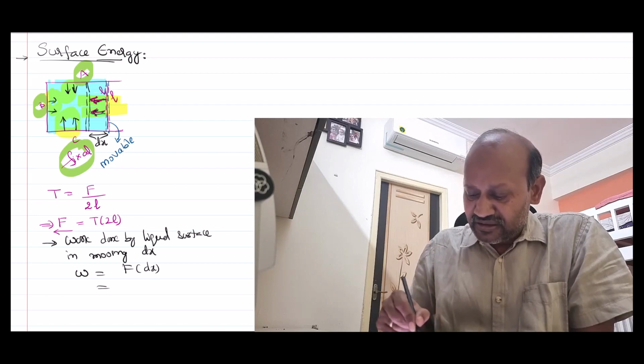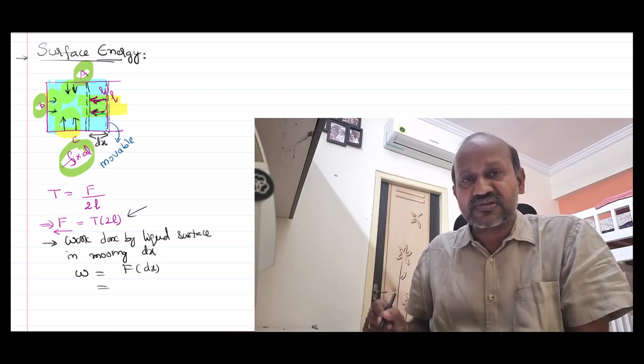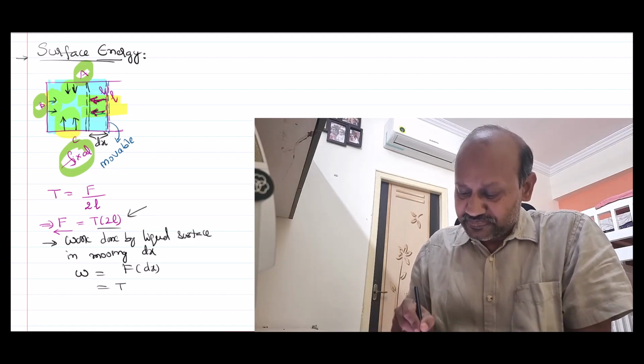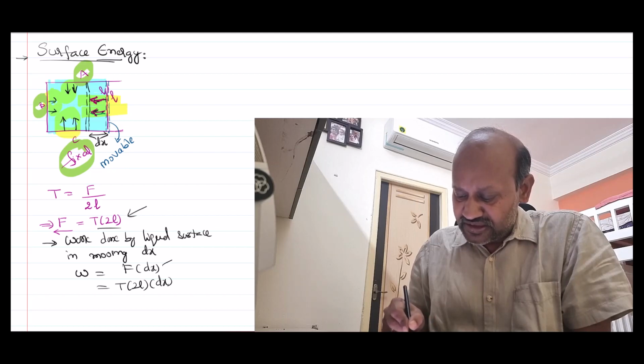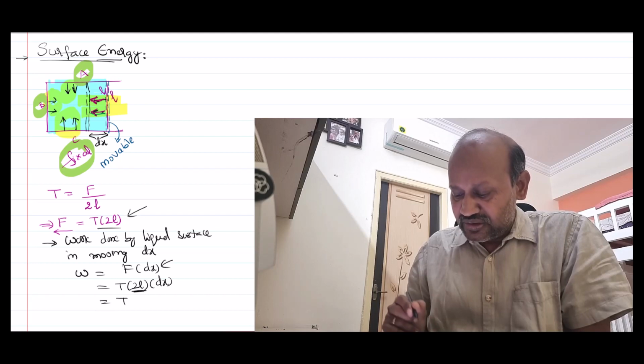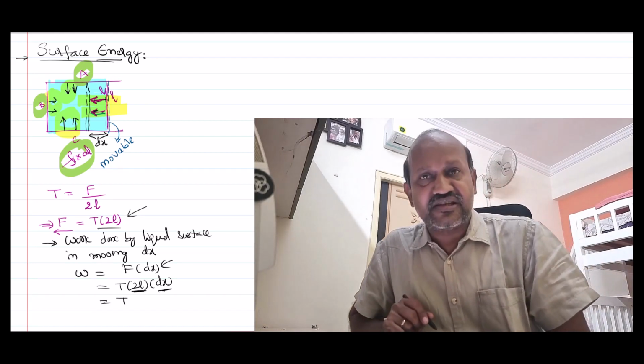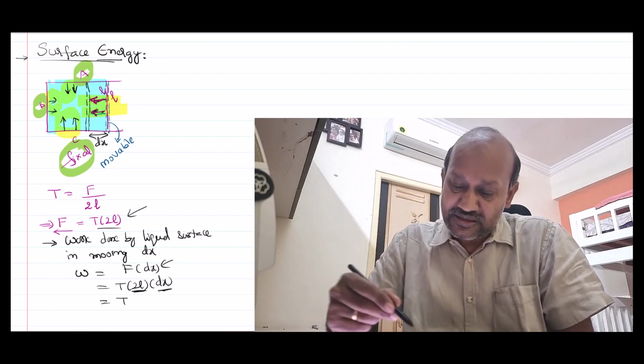But we have already calculated the value of the force based on the definition of surface tension. How much is that force? T into 2L. And of course, this dx I have written. So this is T, 2L is the free length of the liquid surface, dx is the change in its breadth. This is its value.